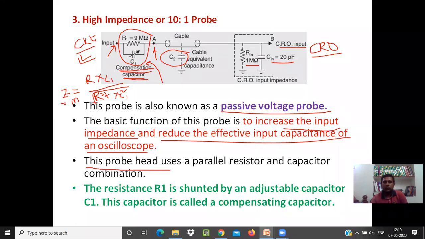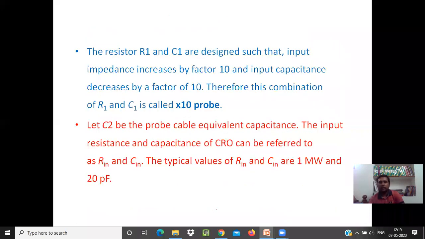This probe uses a parallel resistor and capacitor combination, as we just discussed. The resistor R1 is shunted by an adjustable capacitor, also called the compensating capacitor. R1 and C1 are designed in such a way that the input impedance increases by a factor of 10 and the input capacitance decreases by a factor of 10, that is 9 plus 1.